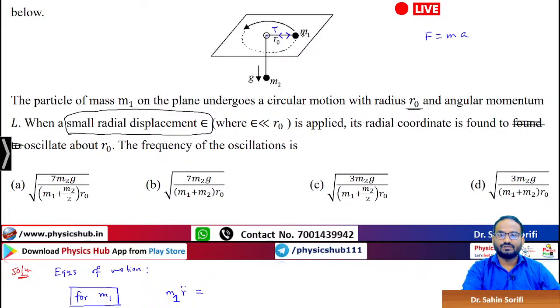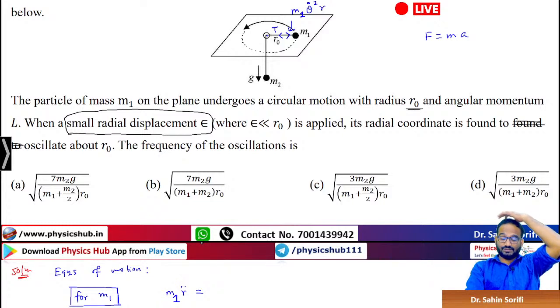So what is the centrifugal force formula? m r theta dot square. Actually m omega square r, since theta dot is equal to omega. This is the centrifugal force.